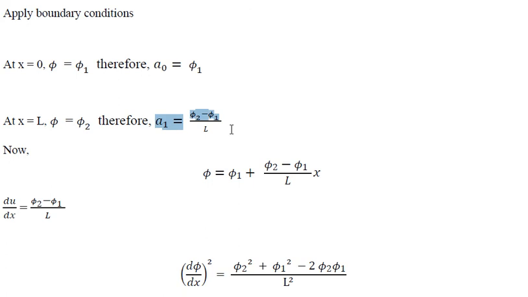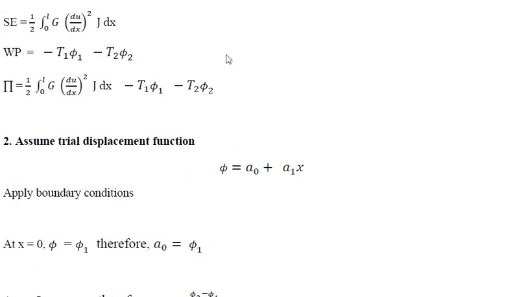Substitute A0 and A1 in the earlier expression, we will get this expression. We have got pi, but in the potential energy functional, we should solve for d pi by dx whole square.